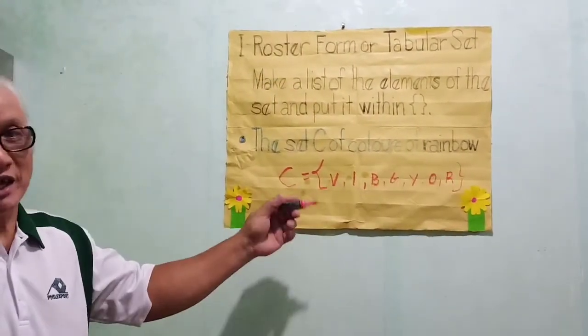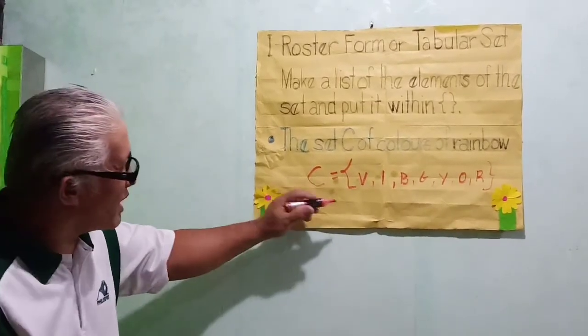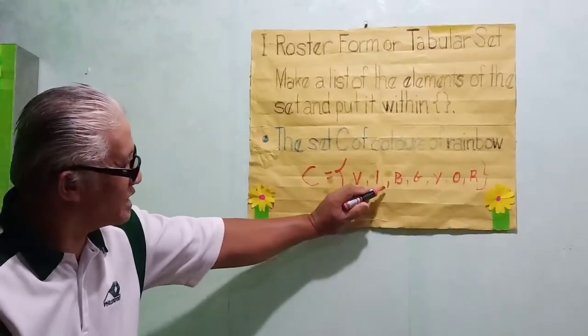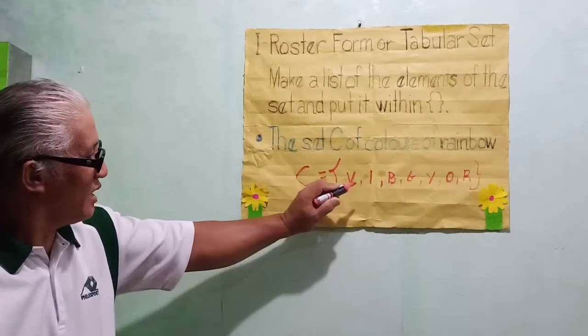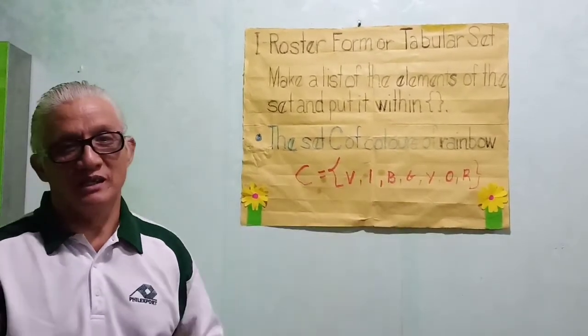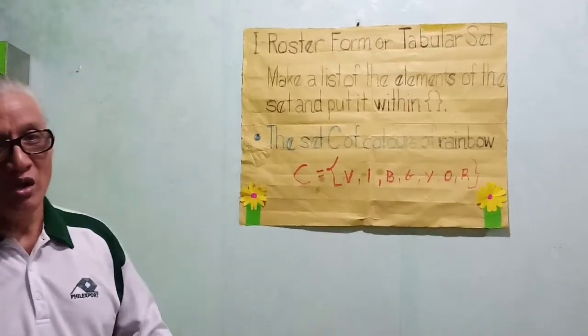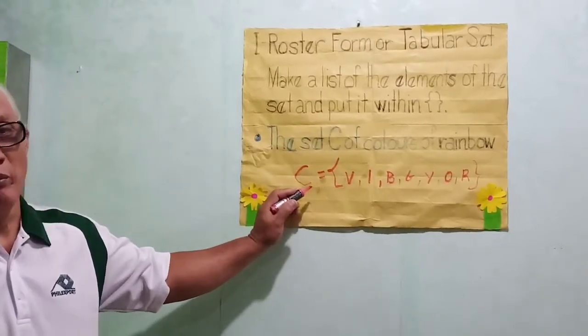I have separated the elements with commas. Look at this. Every element is separated by commas. This is called roster form.